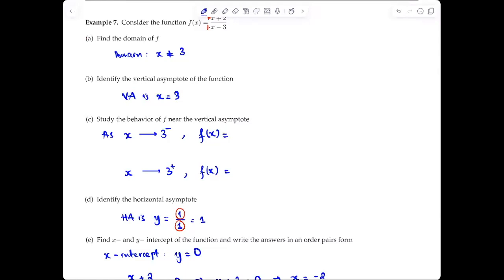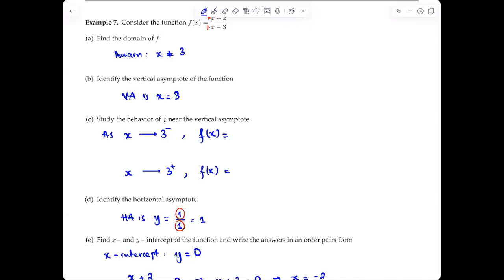As x approaches 3 from the left, what happens to the function? On the left of 3, this can be 2, this can be 2.9, this can be 2.99. The closer to 3, the better.